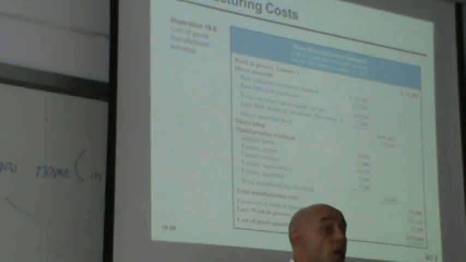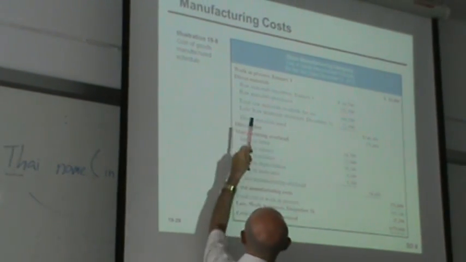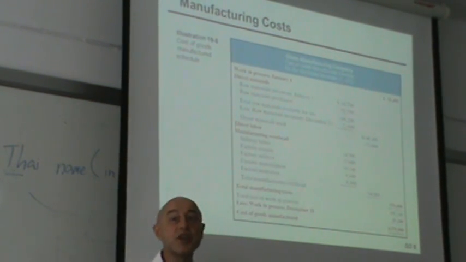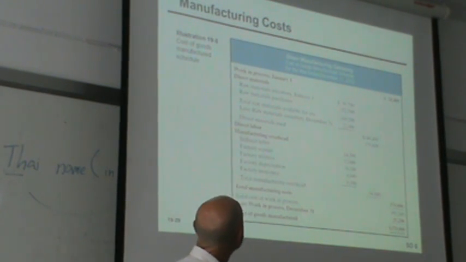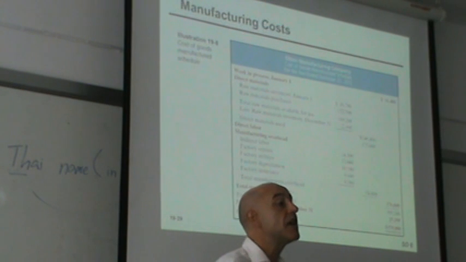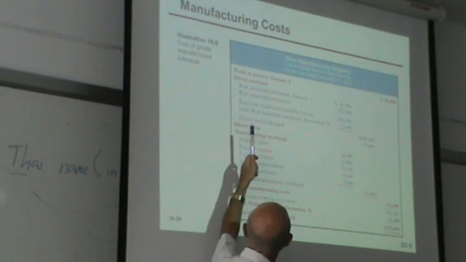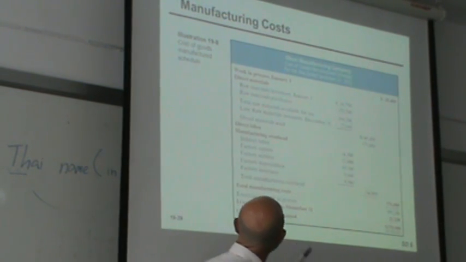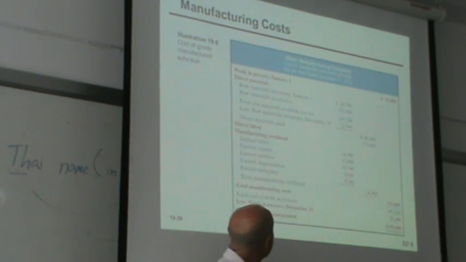Cost of goods manufactured includes manufacturing costs. And manufacturing costs are 3: direct material, direct labor, and manufacturing overhead. Let's see what's the direct material. Direct material will be raw material inventory at the beginning, plus raw material purchased, and then you take raw material at the end, okay?